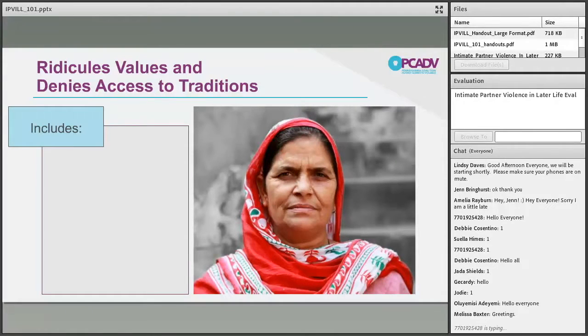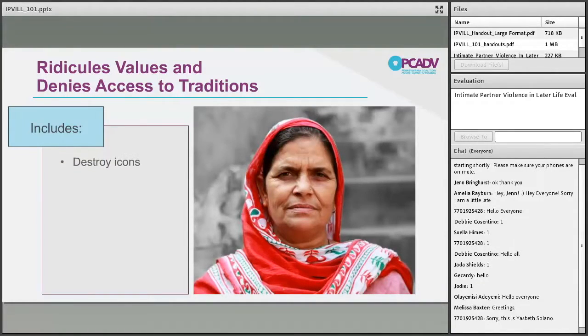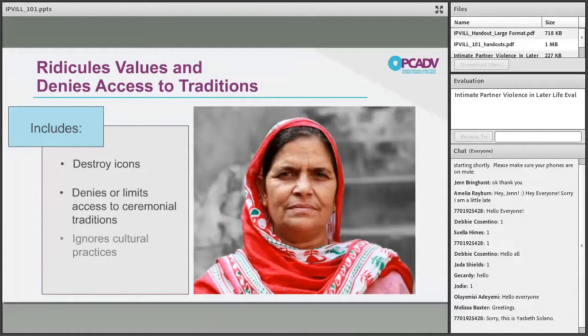So ridicule, values, and denying access to traditions is also one of the newer spokes that we integrated and adapted from NCAL. What this looks like is destroying spiritual or traditional items of importance like icons, destroying or limiting access to ceremonial traditions, practices, church, prayer, as well as ignoring cultural practices or being intentionally disrespectful towards cultural practices.